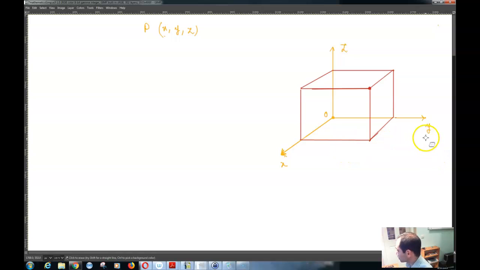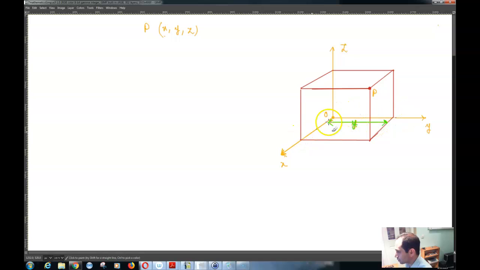Now over here, what I have is basically these planes. So this is the point P, and this distance over here is going to be y. Let me do it with another color so you can see it properly. This distance over here is going to be y.